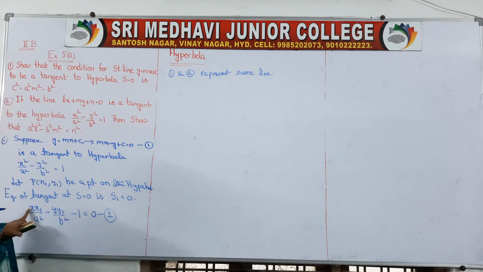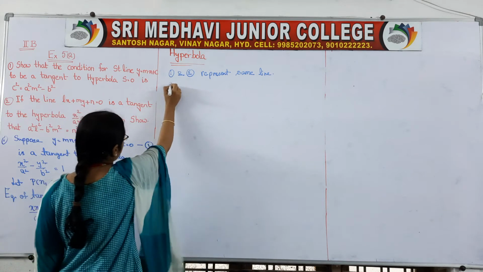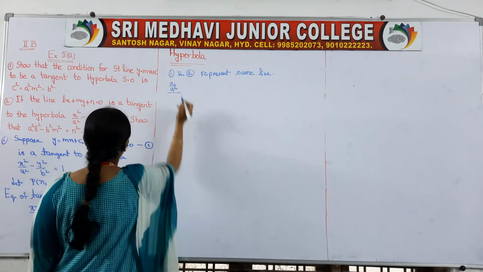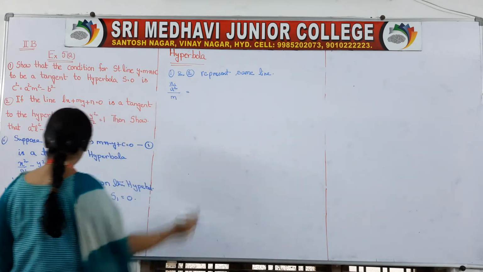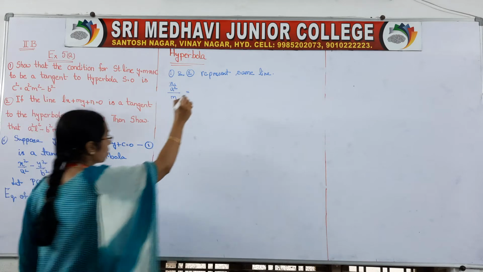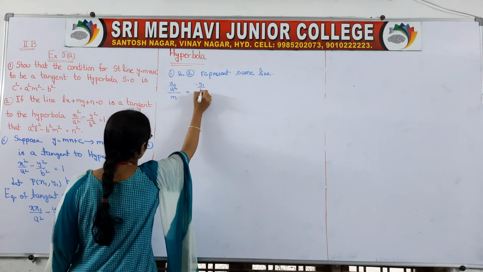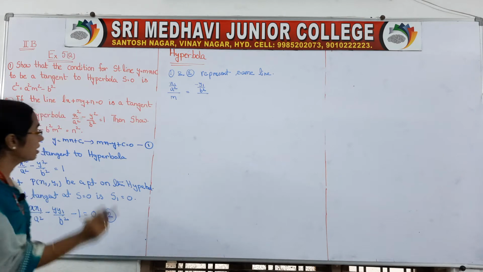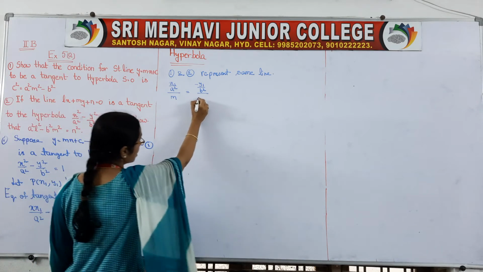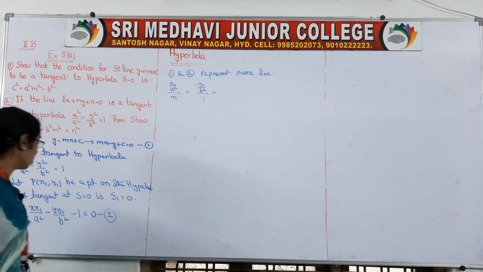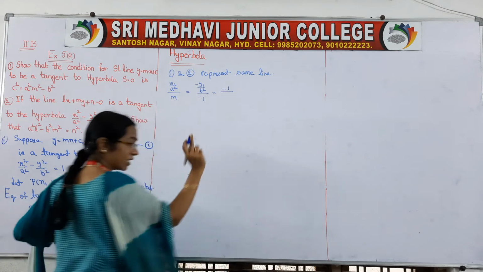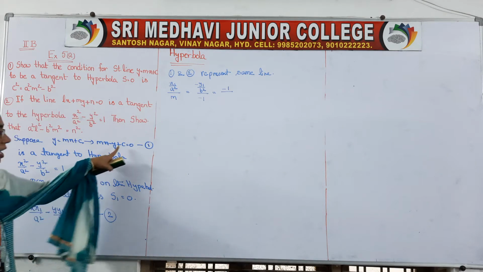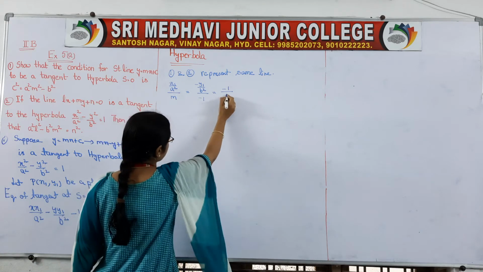So the x coefficient here is x1/a², over the x coefficient of your first line, that is m, is equal to the y coefficient: -y1/b² over the y coefficient of your first equation, which is -1, is equal to the constant of this line, which is -1, over the constant of the first line, which is c.